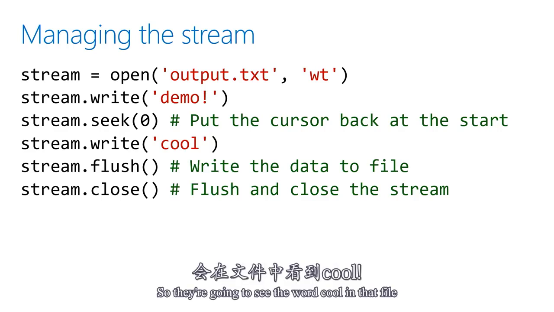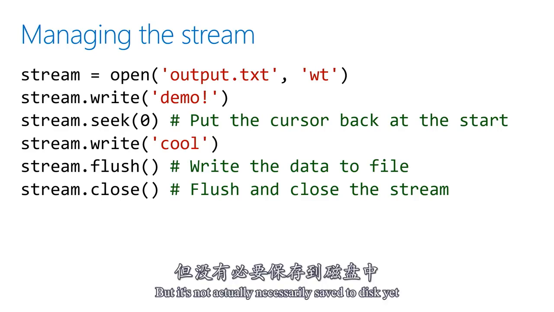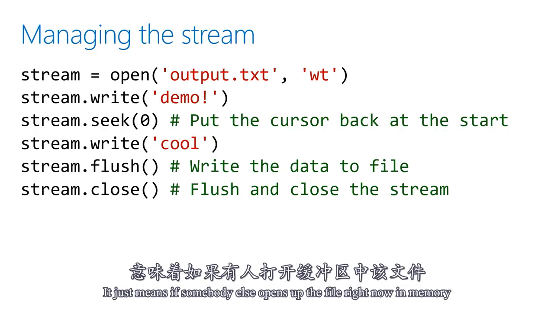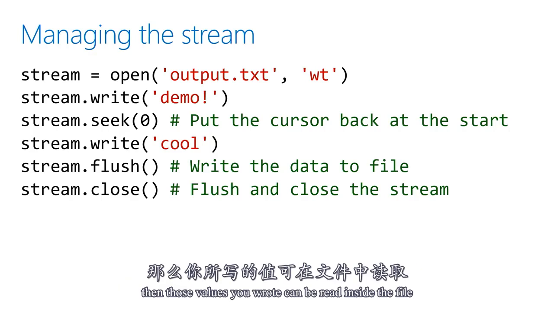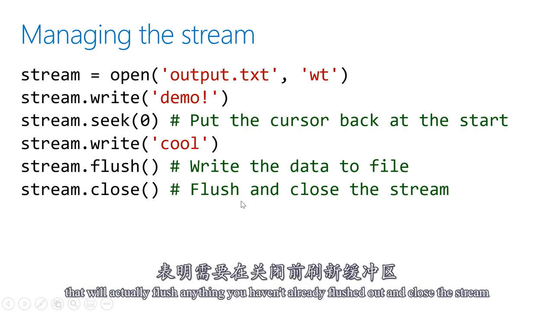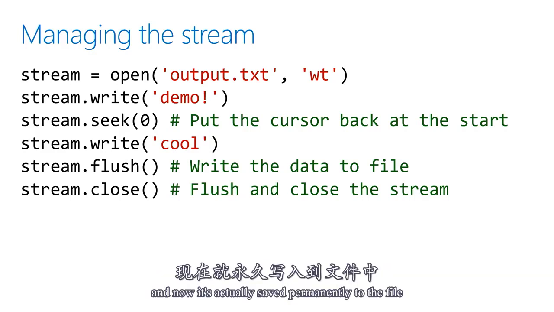So they're going to see the word cool in that file. But it's not necessarily saved to disk yet. It just means if somebody else opens up the file right now, the values you wrote can be read inside the file. When you do the close, that will flush anything you haven't already flushed and close the stream, and now it's saved permanently to the file.